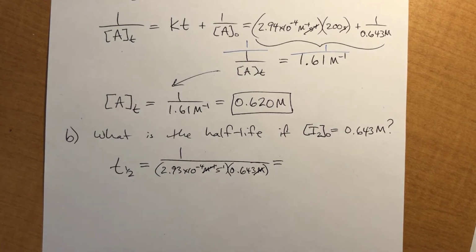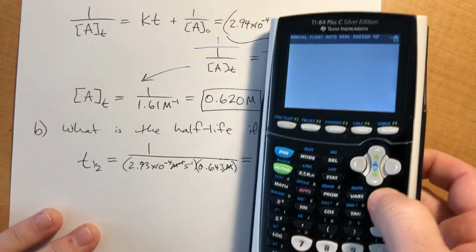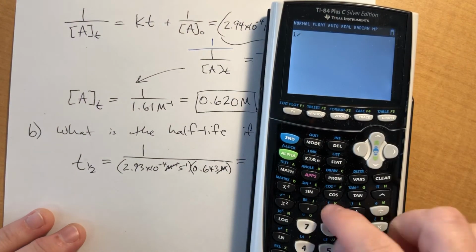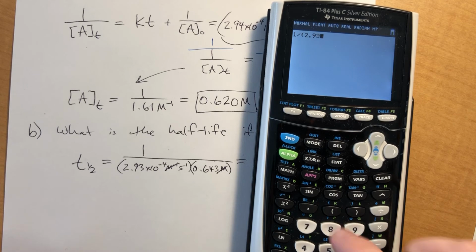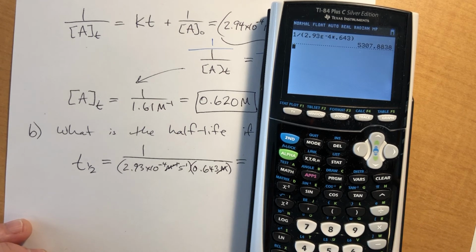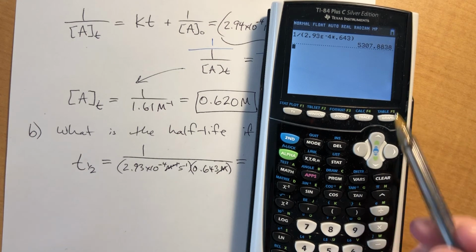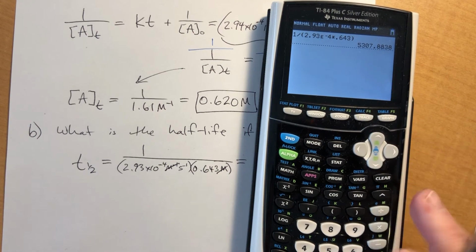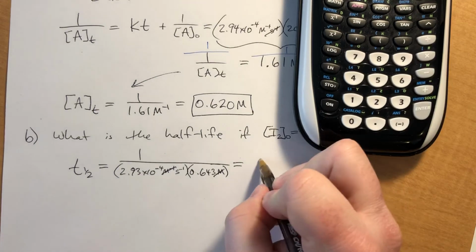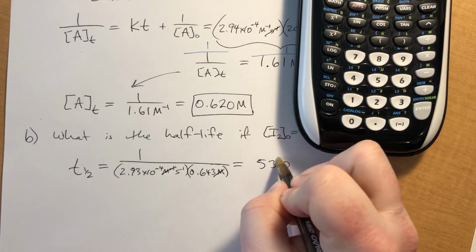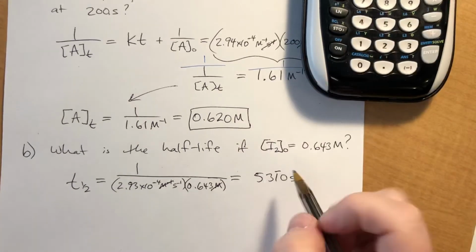Okay, I'm going to plug this all in and see what we get. 1 divided by 2.93 e to the negative 4 times 0.643, and I got 5,307, well, 308, but I guess we only need 3 sig figs, so 5,310 seconds.